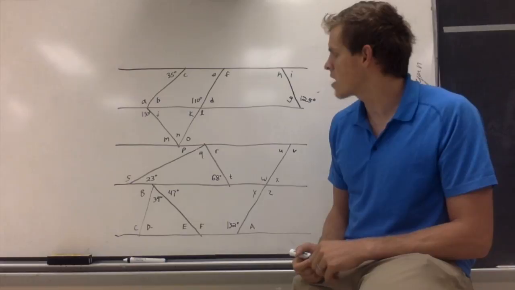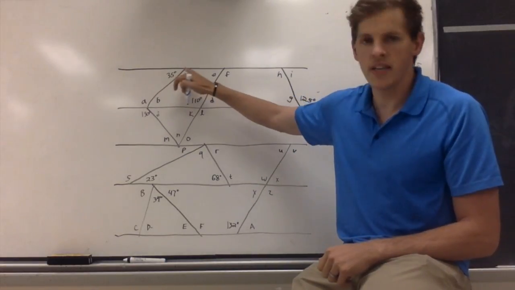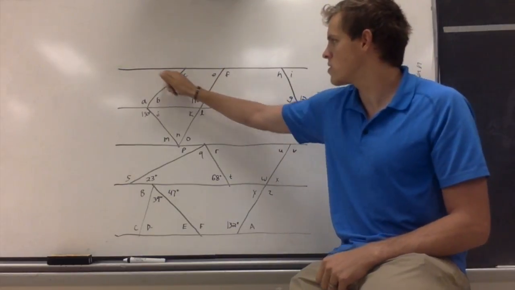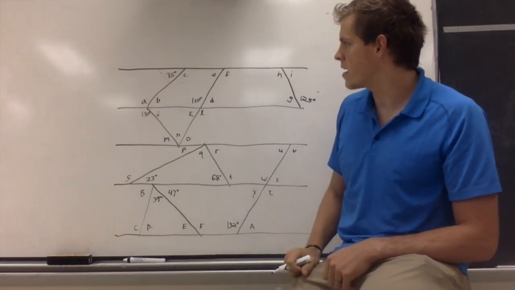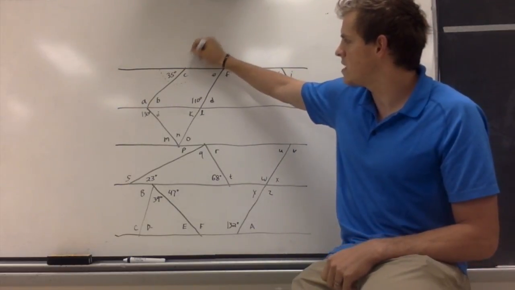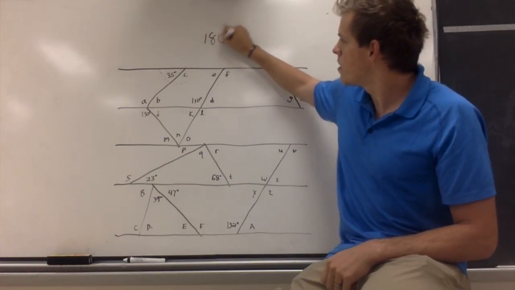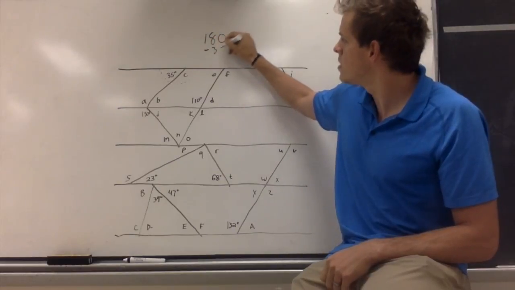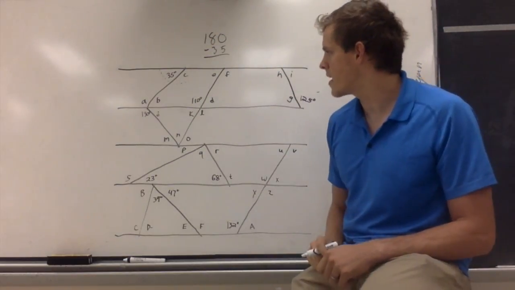What we talked about in class was that if we have 35 degrees here and C here, this is on a straight line, so there should be 180 degrees along there. So we could calculate C by taking 180 degrees and subtracting 35, which should give us C right there.